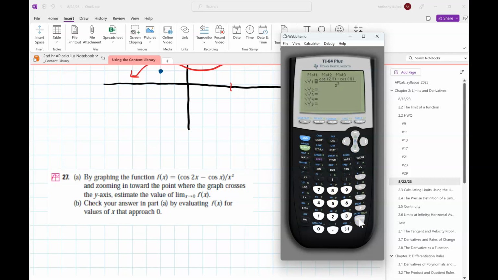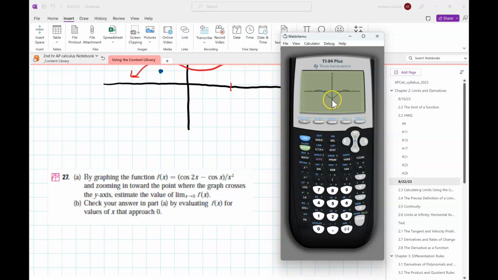Isabel, you'd also want to make sure that your mode is in radians on something like this. For this class, we're always going to be in radians mode. I'm going to start with a zoom trig, so I'll format this for a normal trig window.